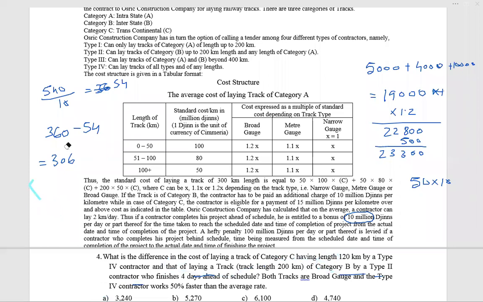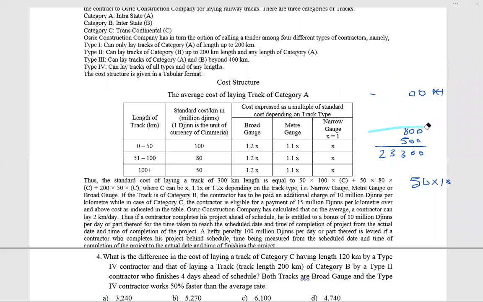What is the difference in the cost of laying a track of category C having length 120 km by a type 4 contractor and the laying a track of category B by a type 2 contractor who finishes 4 days ahead of schedule? Both tracks are broad gauge and the type 4 contractor works 50% faster than the average rate.